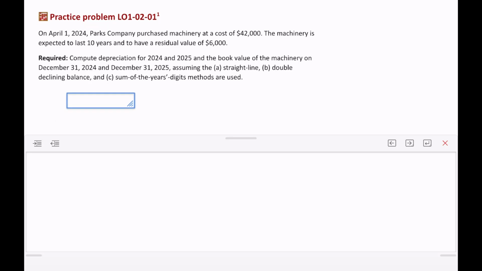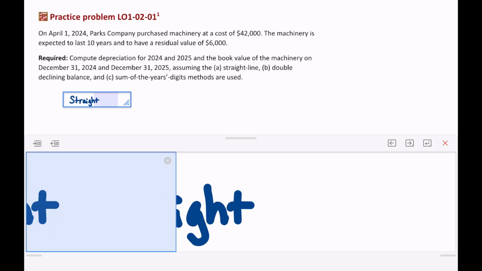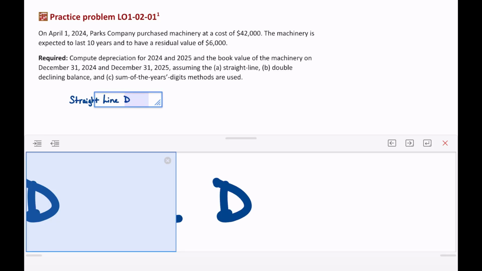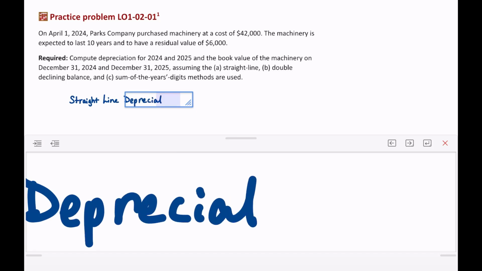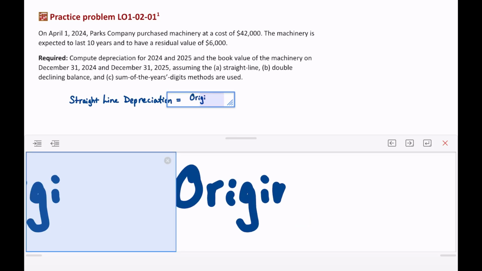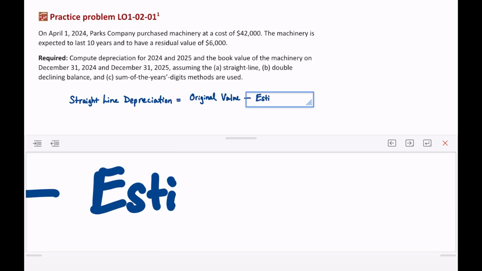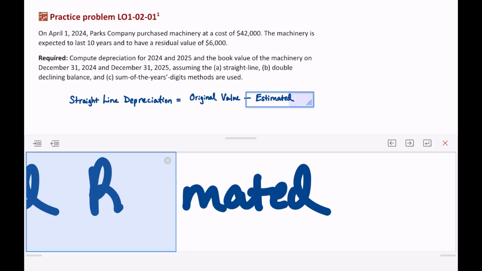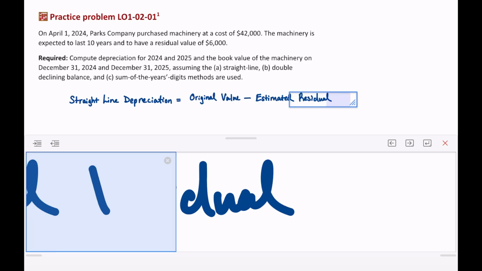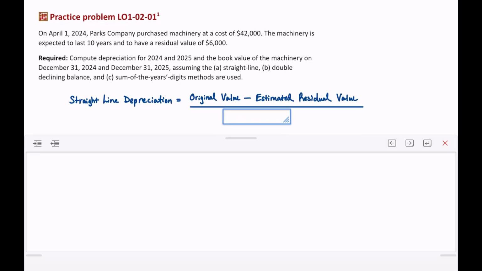If you remember, straight line depreciation is equal to the original value of the asset minus its estimated residual value, and then we are going to divide that whole thing by the useful life of that asset in years.